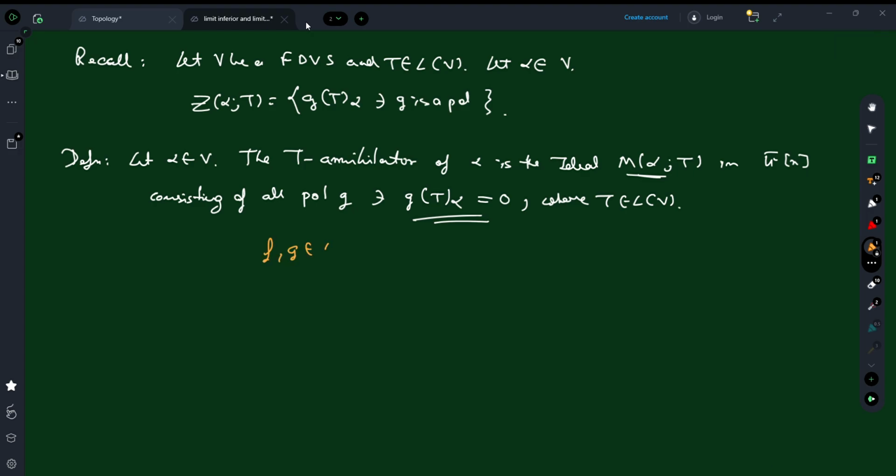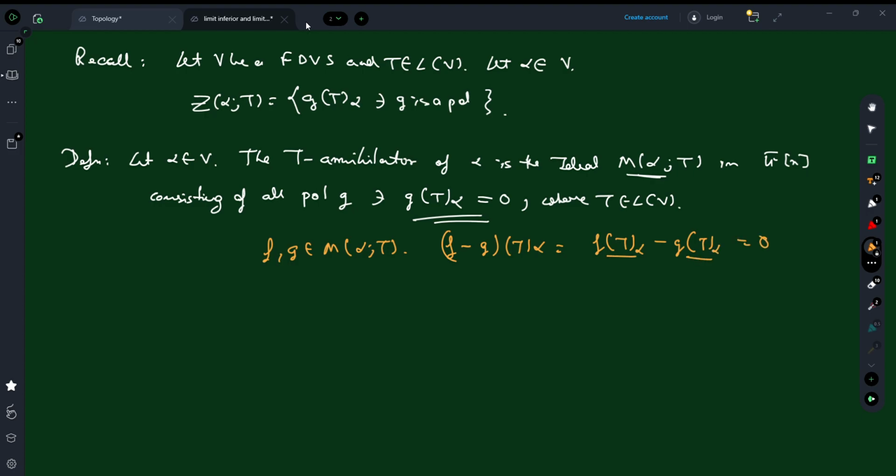Let f and g be from M(alpha; T). Then (f minus g)(T)alpha is, by definition, f(T)alpha minus g(T)alpha. But both are 0, because they are elements of the T-annihilator.